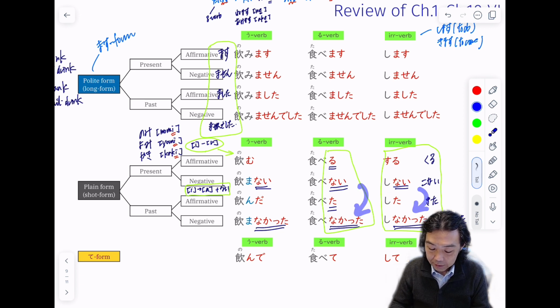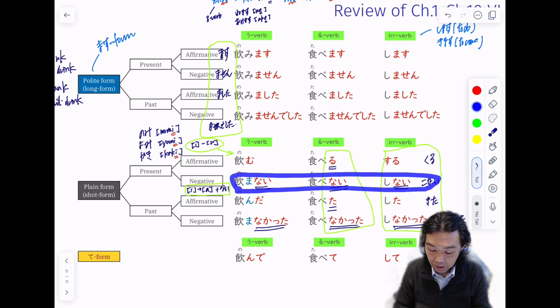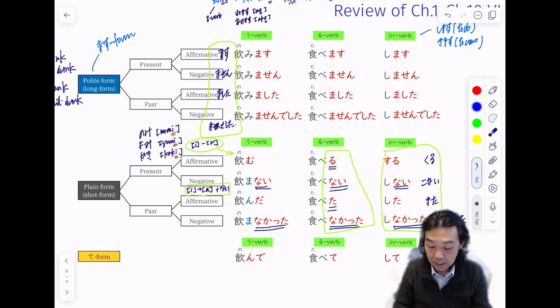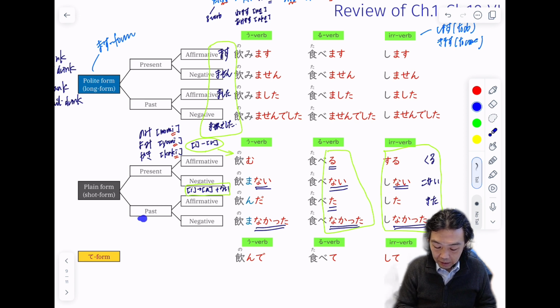Okay. So in a way, there's nothing you need to know because you already know about the adjectives. So all you have to know is the plain present negative always ends with nai, and they are like an I adjective.